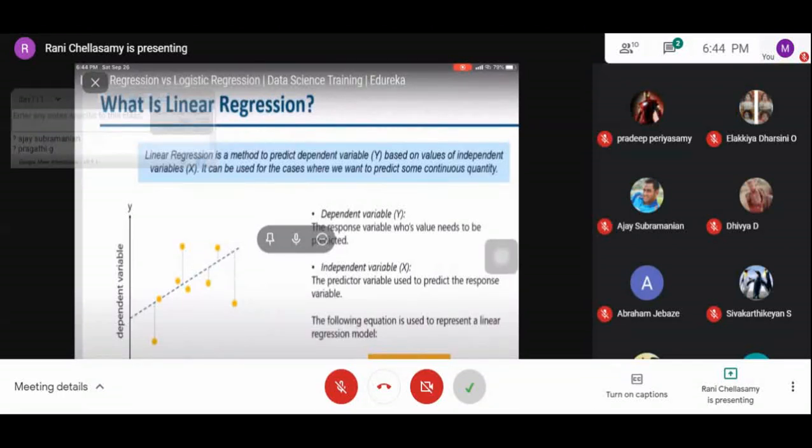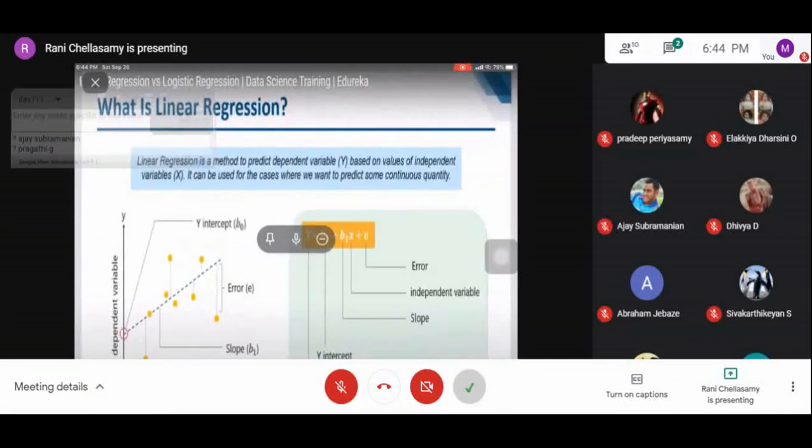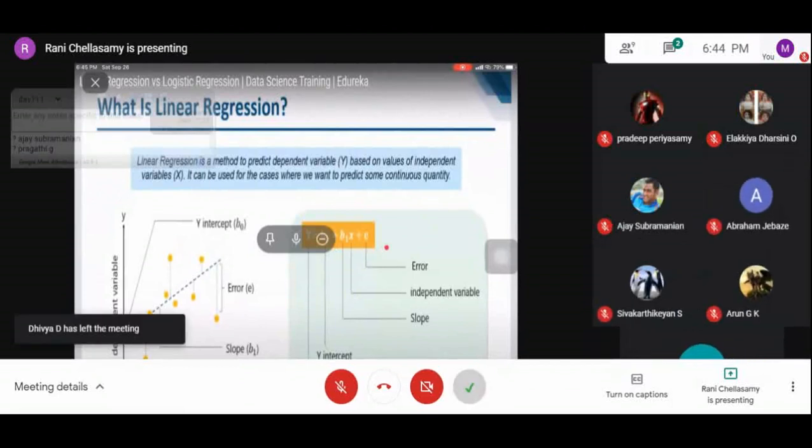Okay, so next we'll discuss the mathematics behind the linear regression. The formula is: y is your dependent variable, that is the outcome or the response variable, that equals b naught plus b1 into x plus e, where e is the error and x is your independent variable, and b1 is the slope of the line and b naught is the y-intercept and y is the dependent variable.